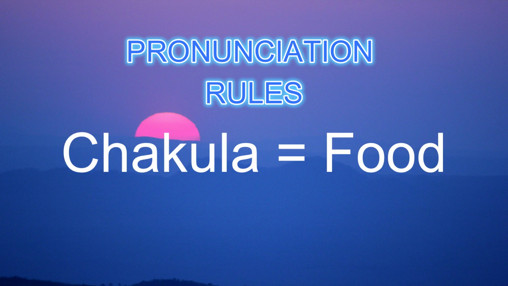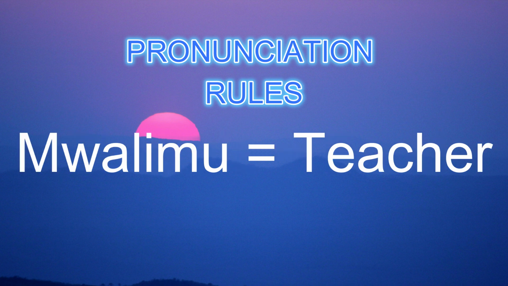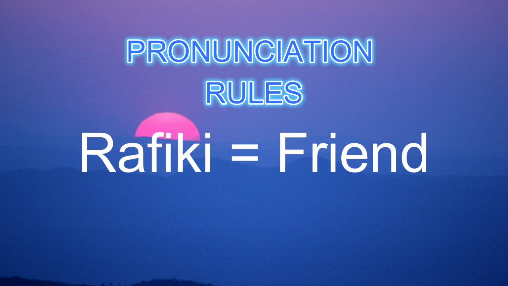Chakula, which means food, is pronounced cha, ku, la. Mwalimu, which means teacher, is pronounced mwa, li, mu. Rafiki, another reference from the movie Lion King, like the monkey in Lion King, and that means friend.